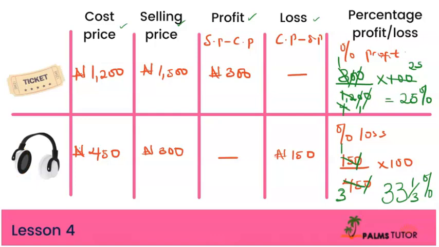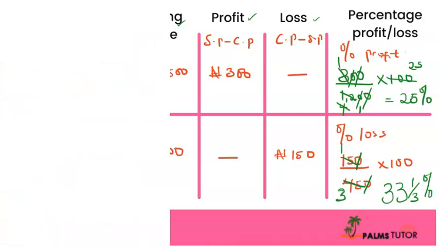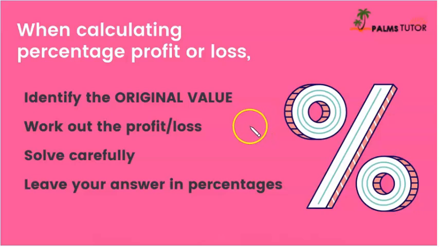But what is important is that you understand that when you are calculating profit or loss, you have to identify the original value, which in our case here, because we are calculating percentage loss or profit, we are talking about what? The cost price. The original value would be the cost price.